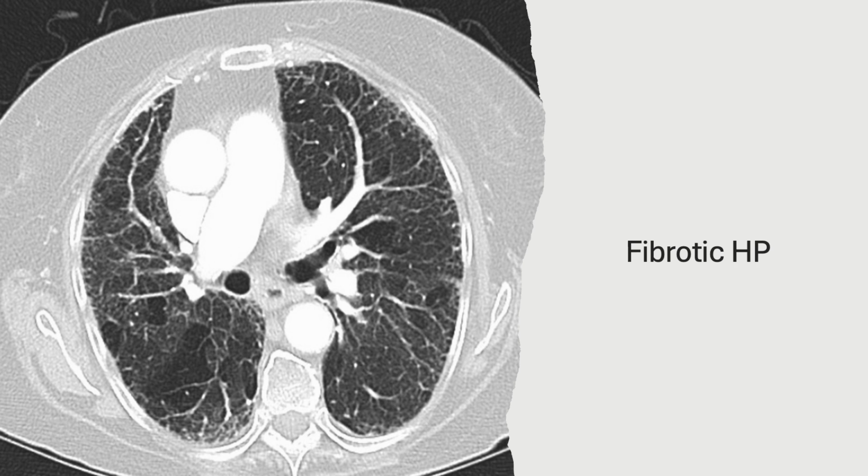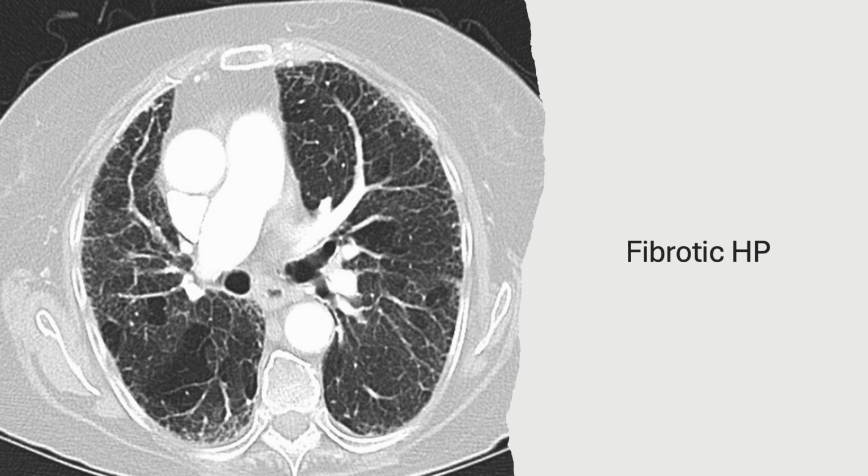The reason it's important, and the reason behind the paradigm shift from acute, subacute, chronic to inflammatory and fibrotic HP, is if it's an inflammatory HP, all you need to do is give steroids. There is no role of antifibrotic because there is no antifibrotic. You can give other immunosuppressant like MMF or azathioprine later if it becomes steroid refractory or steroid is not completely resolving the CT findings or the symptoms of the patient.